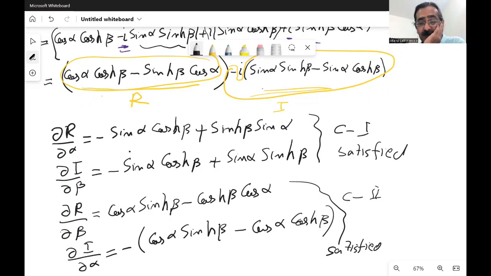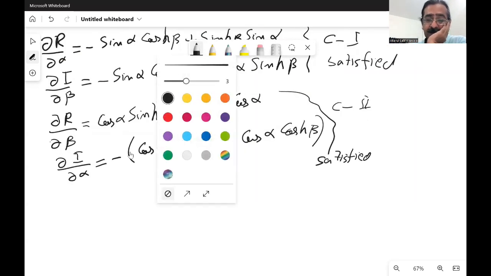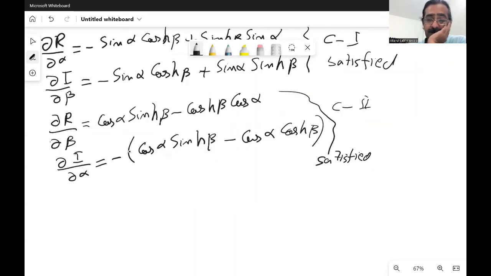From C1 and C2, this implies that C1 and C2 are satisfied.